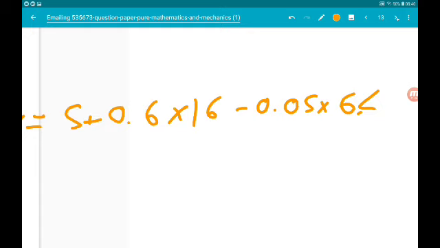See what we get. Okay, that's going to give us 11.4.